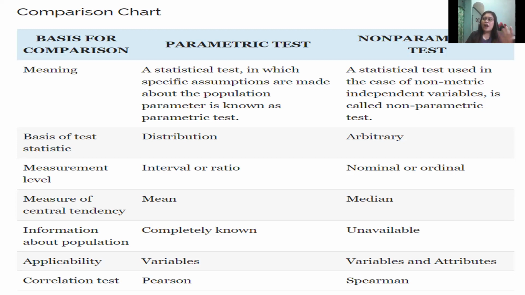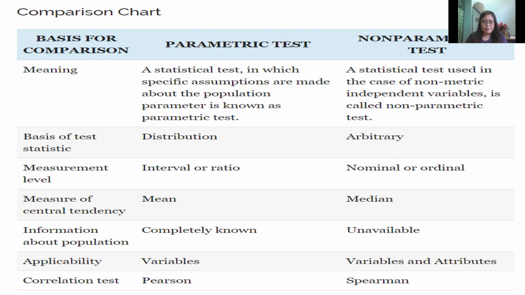Because we are using the mean, we are testing the difference between means of either the sample or the population. And the information about the population, of course, is completely known. We know the characteristics of our population. And then, applicability, our variables. So please review also our research variables, independent and dependent variables.